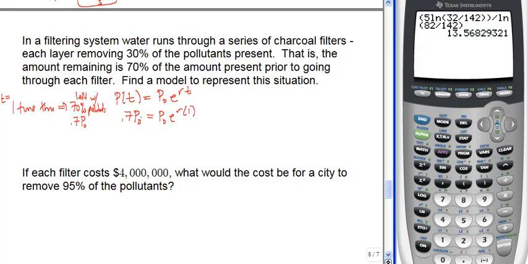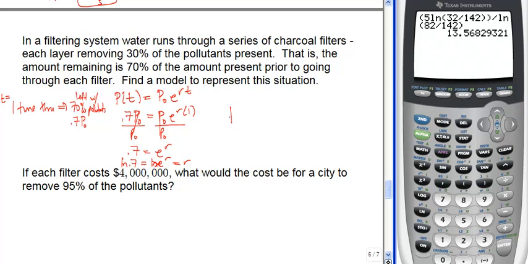So that's sort of a T and a P that go together so that I can try and solve for this decay rate R. So I'm going to divide through by P sub 0 on both sides. They cancel out, and I'm left with 0.7 equals e to the R, because R times 1 just is R. If I take the ln of both sides, the ln and the e cancel out, so we just get that R is ln of 0.7.